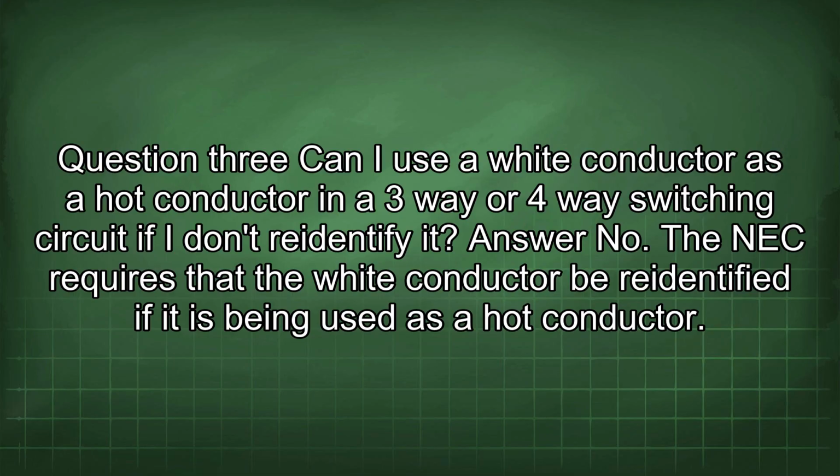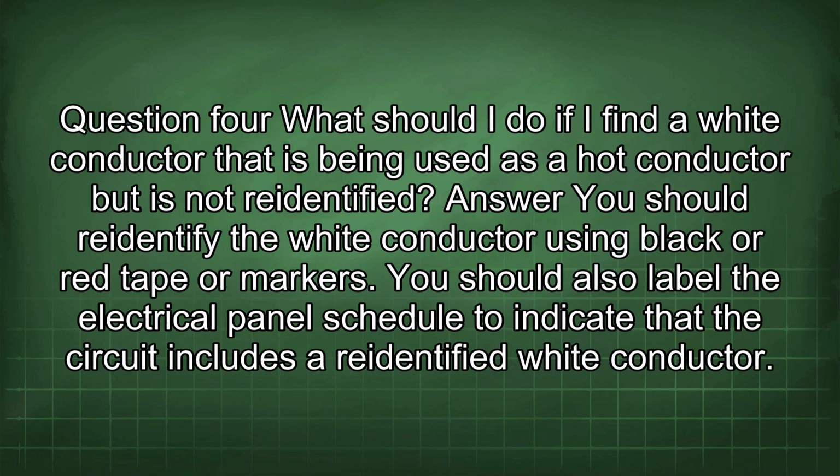No. The NEC requires that the white conductor be re-identified if it is being used as a hot conductor. Question 4. What should I do if I find a white conductor that is being used as a hot conductor but is not re-identified? Answer. You should re-identify the white conductor using black or red tape or markers. You should also label the electrical panel schedule to indicate that the circuit includes a re-identified white conductor.